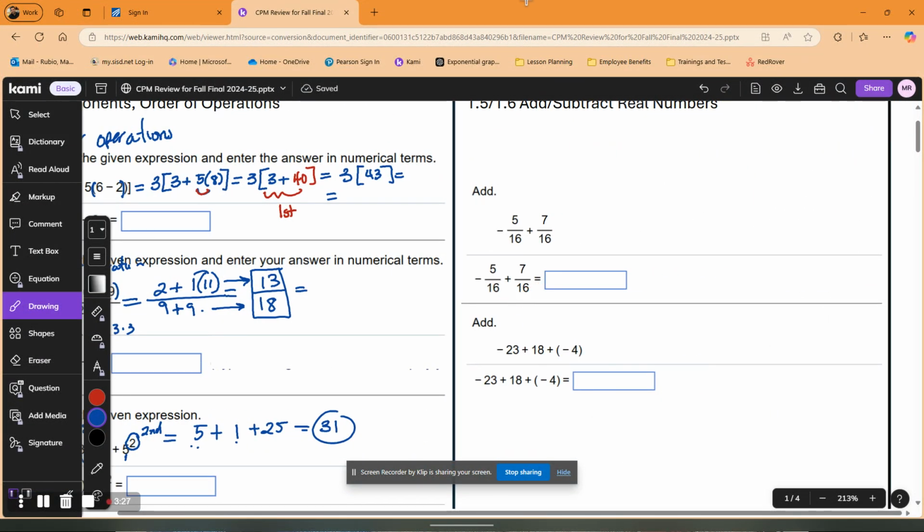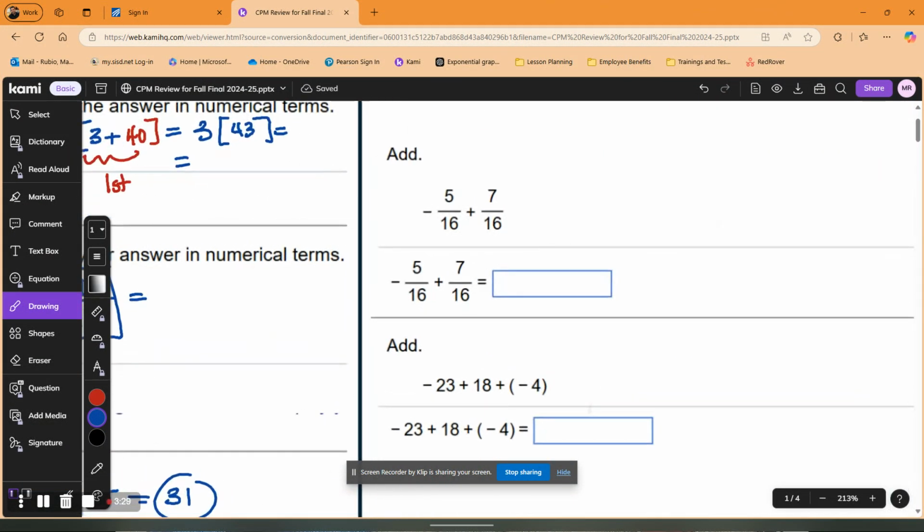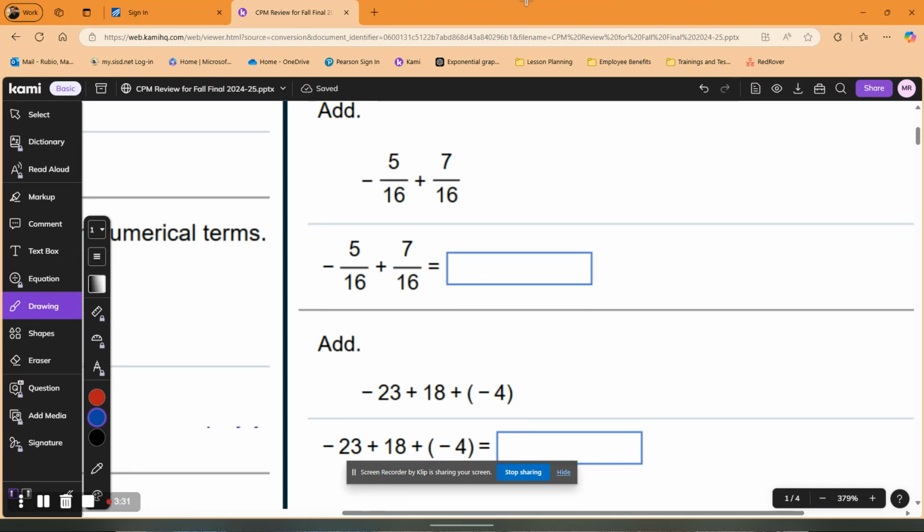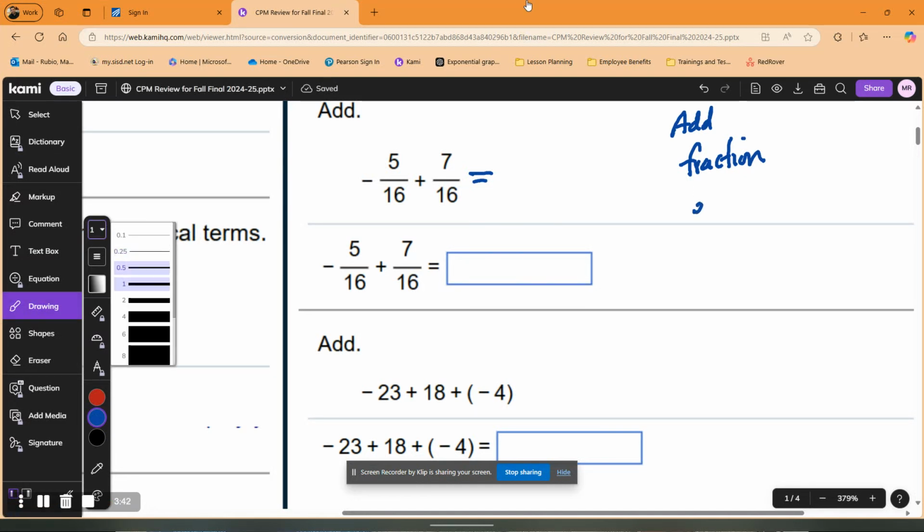Okay. Adding and subtracting real numbers. Again, this is fractions. Don't get confused when you add fractions. The denominator must be the same.